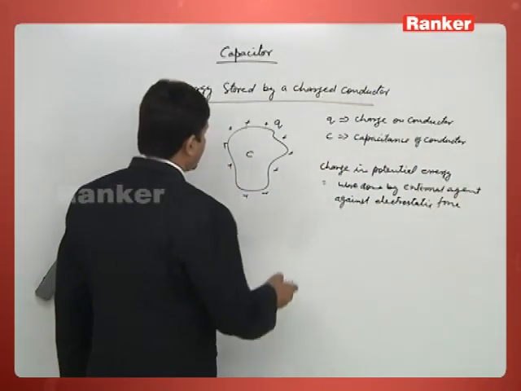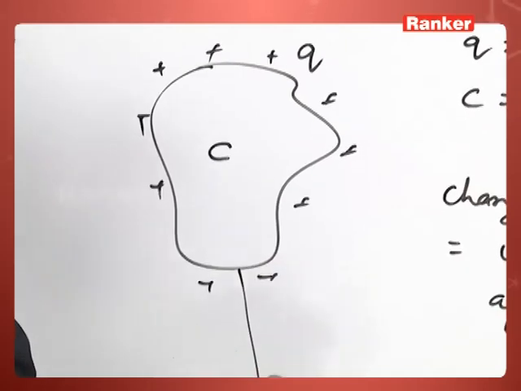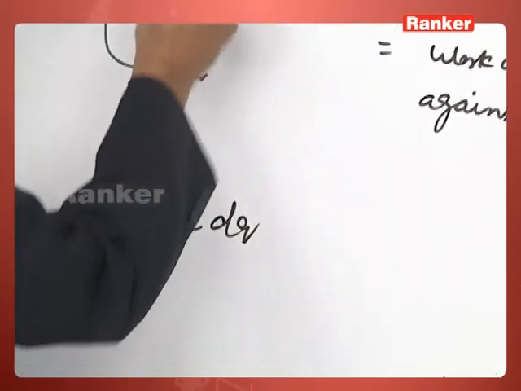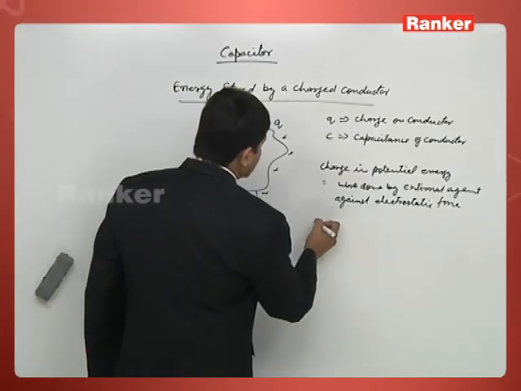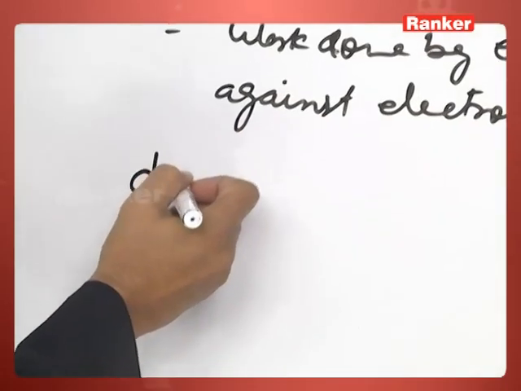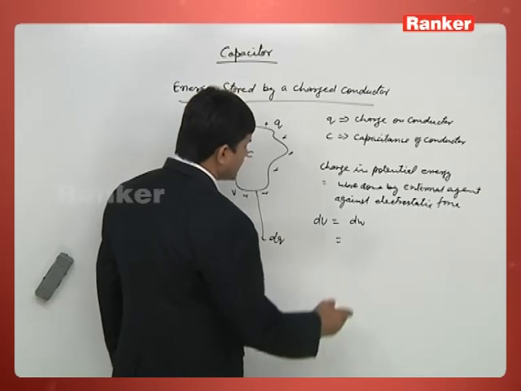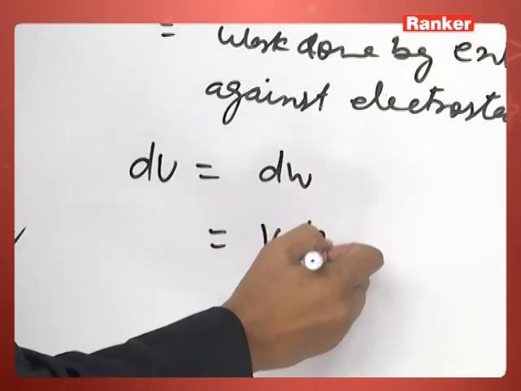Now, let at any time Q be the charge and we are removing dq charge. When the charge is Q, at that time let the potential be V. So dU is equal to dW, and this is written as V into dq.